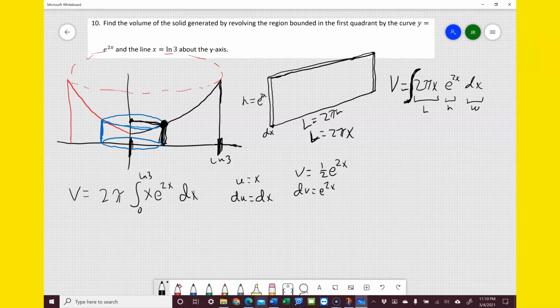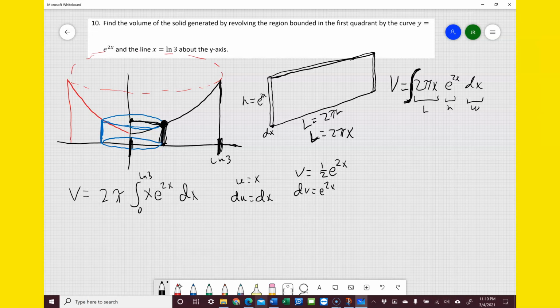If you need to take the antiderivative of e to the 2x, you might use u substitution to get to that. And anyway, think about taking the derivative of this to get that, and you'll see that that is the case.